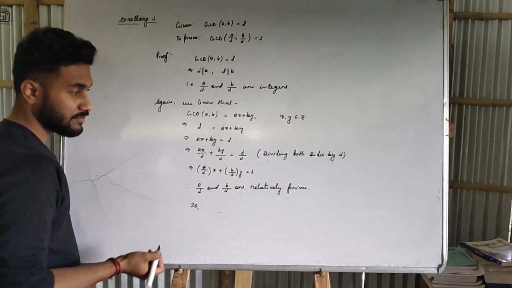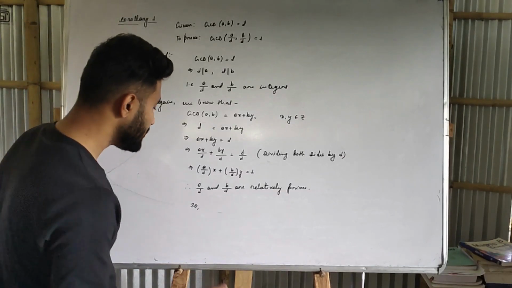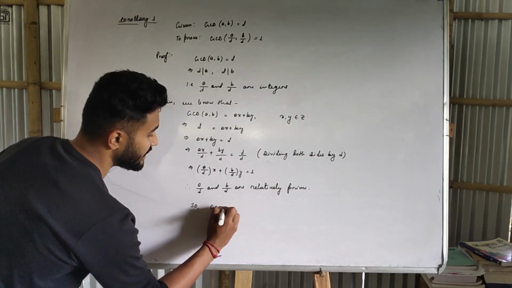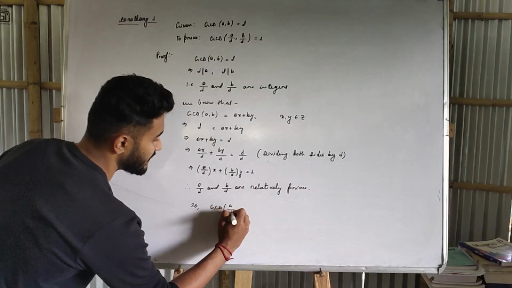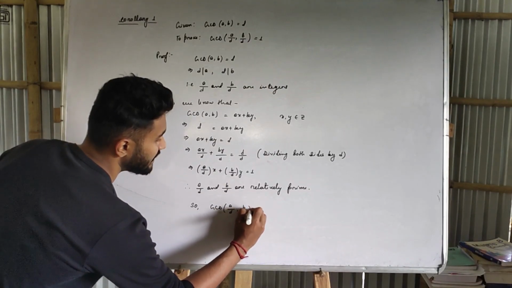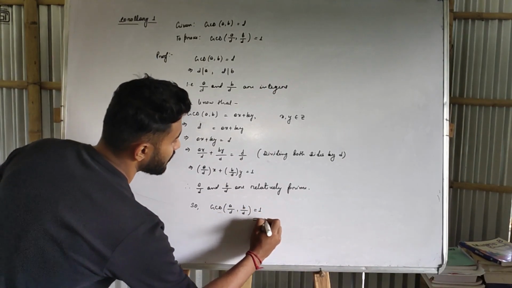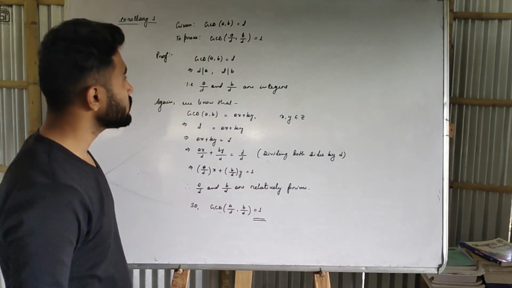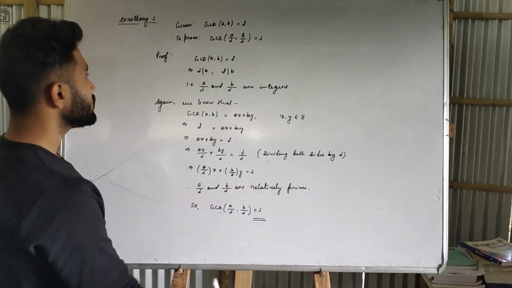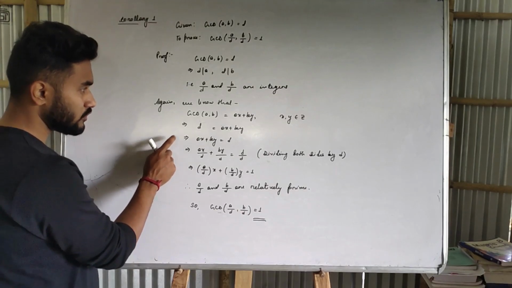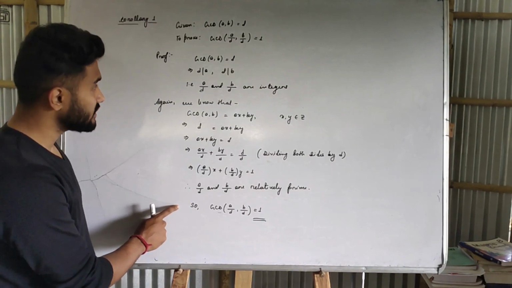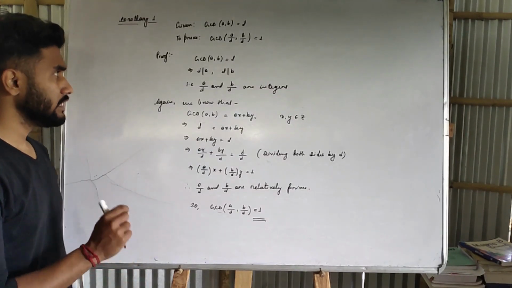If they are relatively prime, obviously 1 will be the common factor. So GCD of these two integers, A by D and B by D, has to be 1 and only 1. Understood? So this is corollary 1. Theorem 4 is also used here, and theorem 5 is also used here. It is an easy one, you only need to practice a bit.